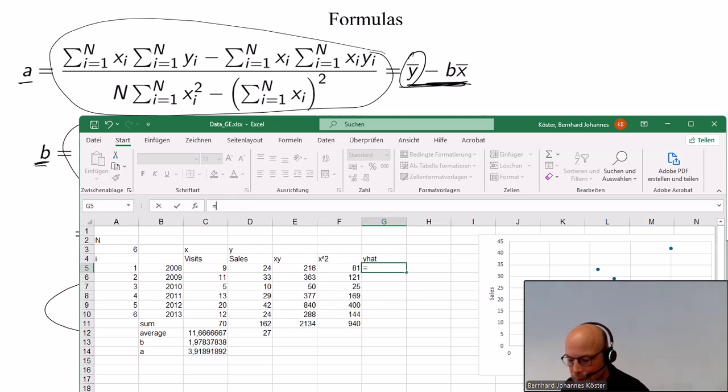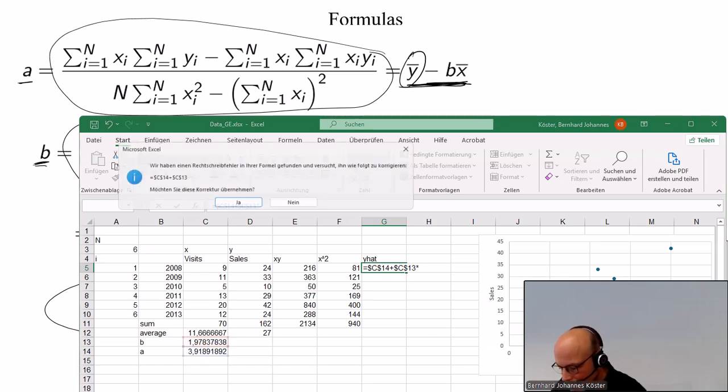A is my vertical axis intercept and B is my slope, so it is A plus B times my X value.